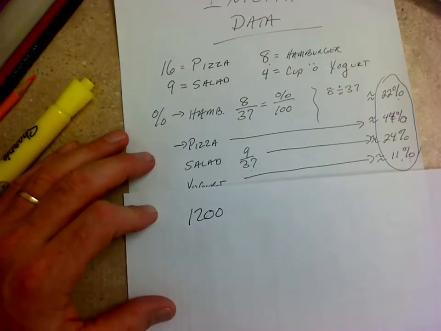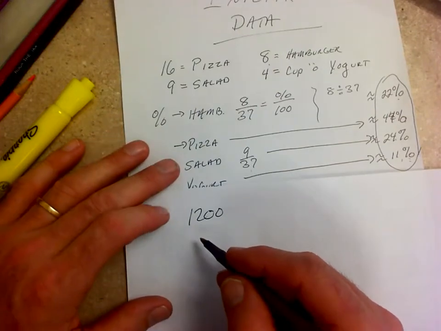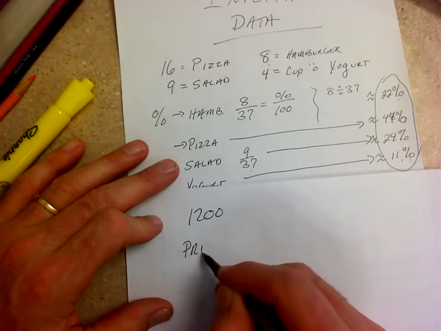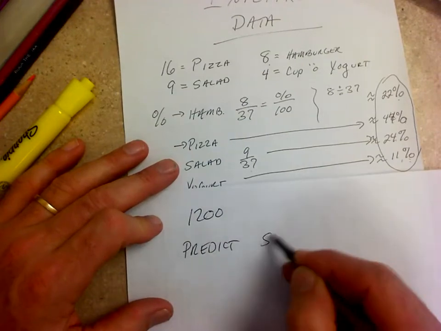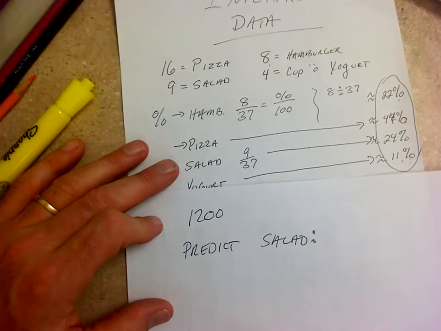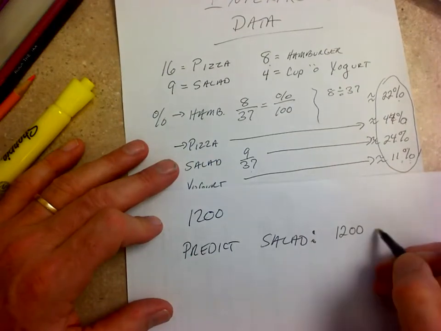So if we interviewed everyone, the question is, predict how many students would vote for salad as their favorite lunch menu item. Okay, so if we want to predict how many votes salad will receive, we have a couple techniques here we can use. We obviously know that 24% of the time people vote for salad, so we could simply just do 24% of 1,200.